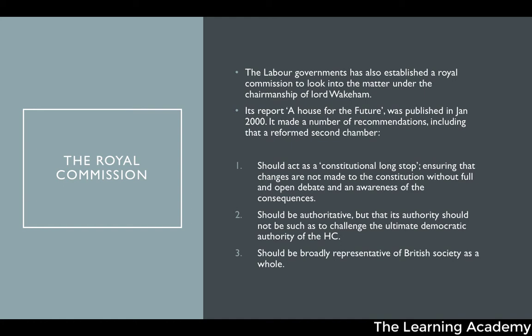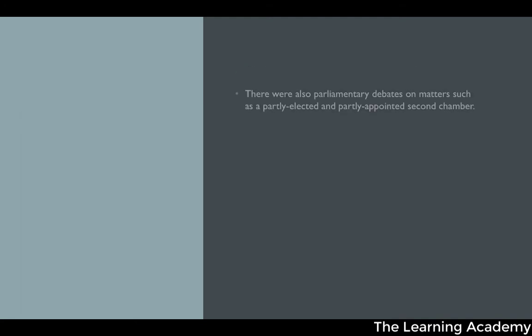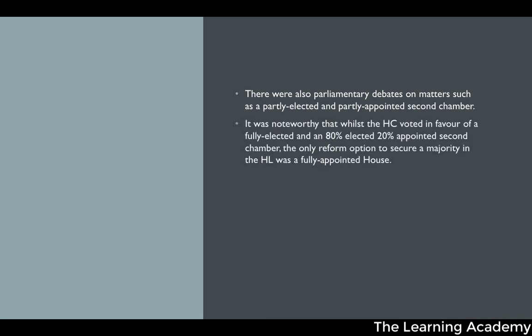And it should also reflect British society. Okay? There were also parliamentary debates on matters such as a partly elected or partly appointed second chamber. It was noteworthy that whilst the House of Commons voted in favour of a fully elected second chamber and an 80-20 split, the only reform option to secure a majority in the House of Lords was a fully appointed House of Lords.